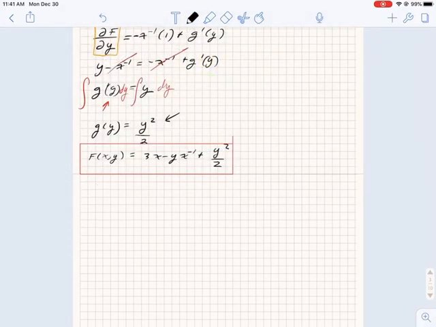Again, we could check our solution by taking the derivative, not the partial derivative, the derivative of this f of x, y function, and see if we can obtain the original differential equation that we started off with.